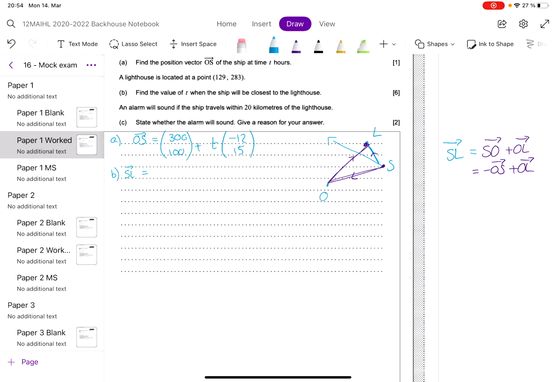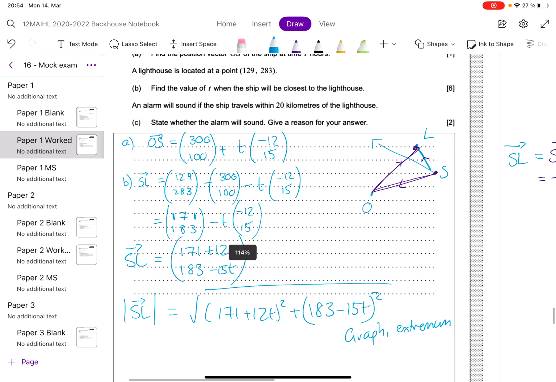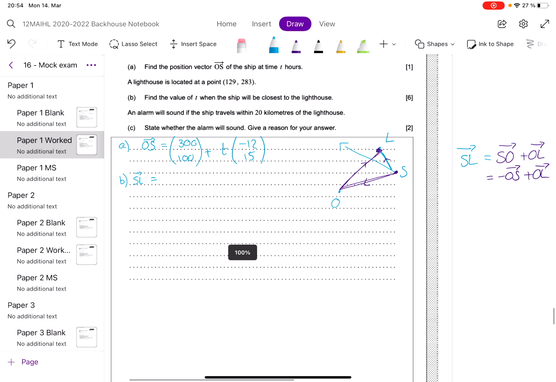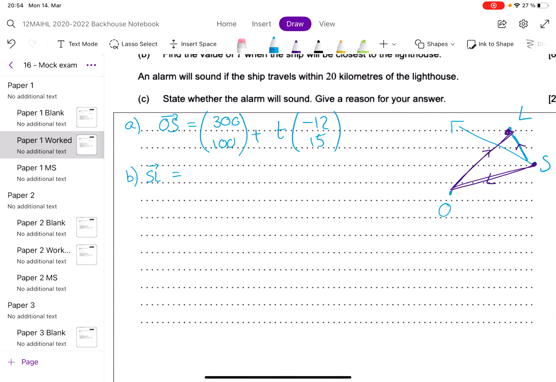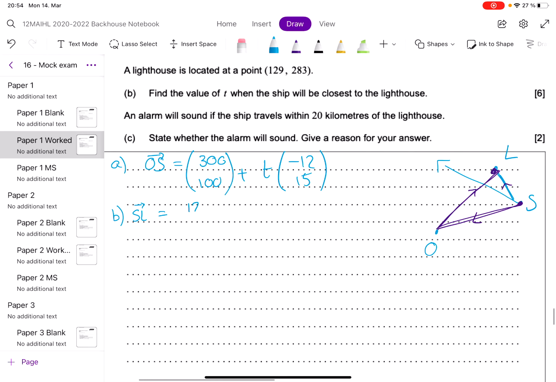So we found an expression from S to L. So we're going to use OL. OL is 129, 283. And we're going to take away OS. So I'm going to take away this expression that I found in A for OS.